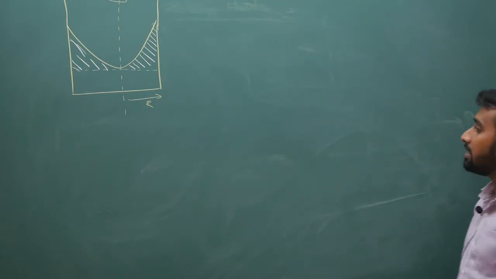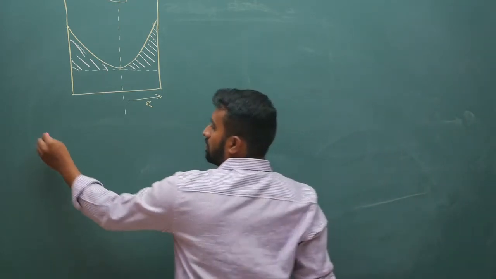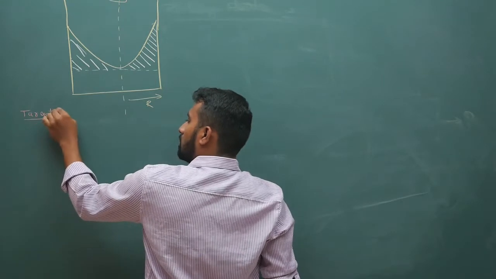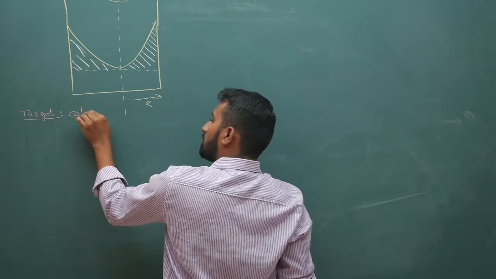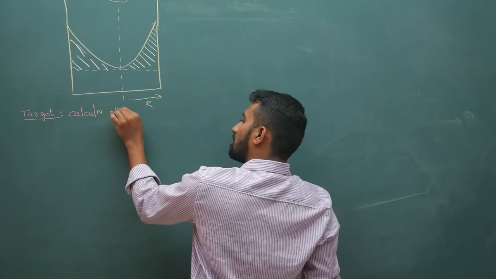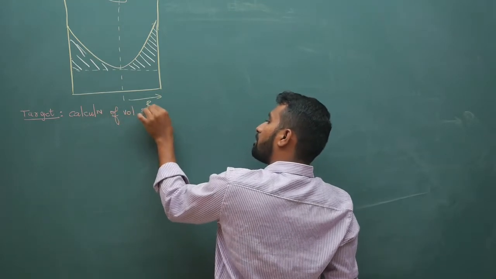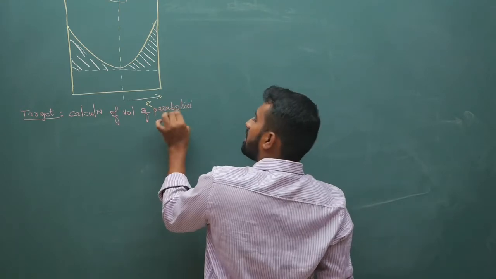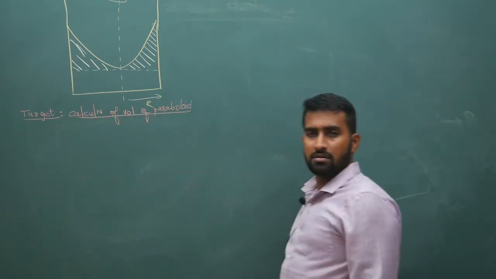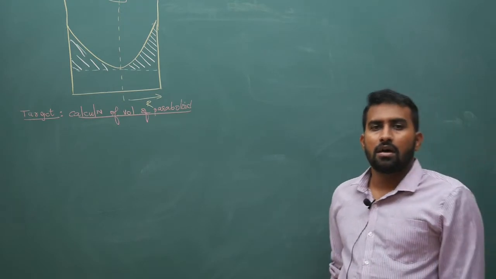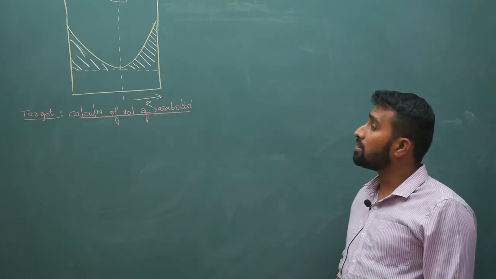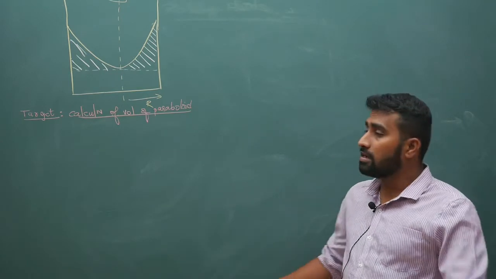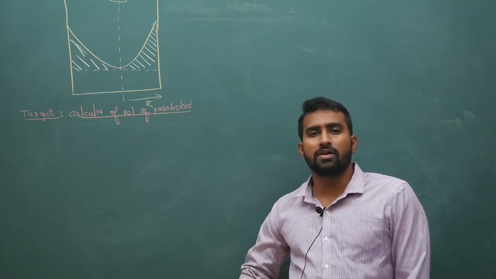What am I going to do? I am going to calculate the volume of the paraboloid. What will I get by doing this? I can calculate how much liquid has spilled out of this container, how much liquid is present, and with what angular velocity I can rotate for the liquid not to spill out.